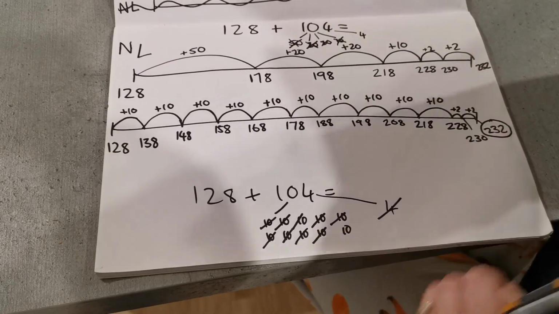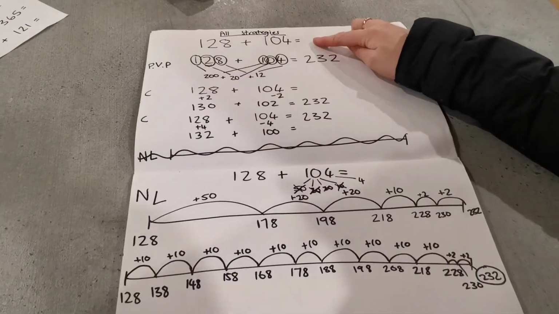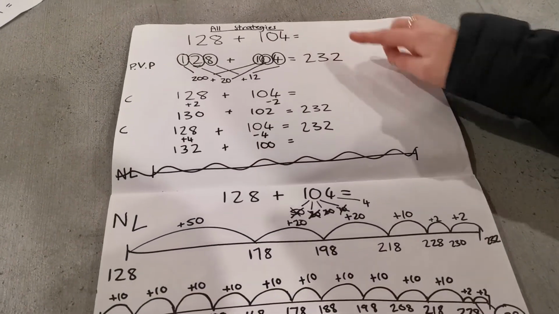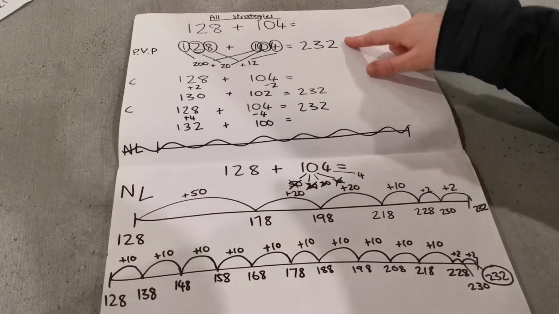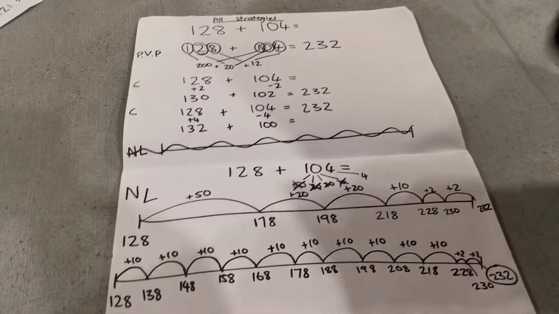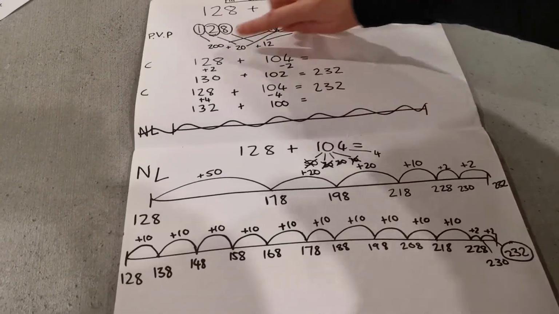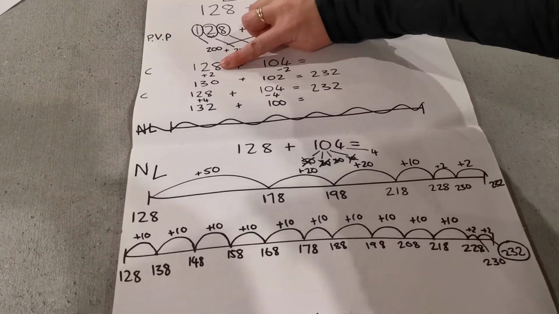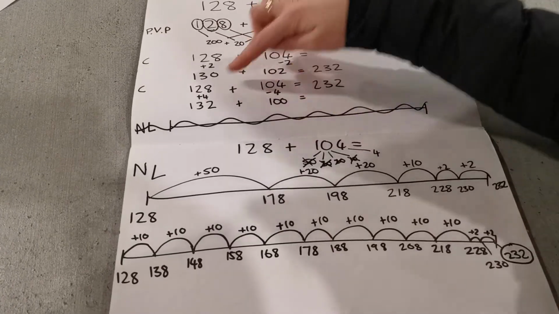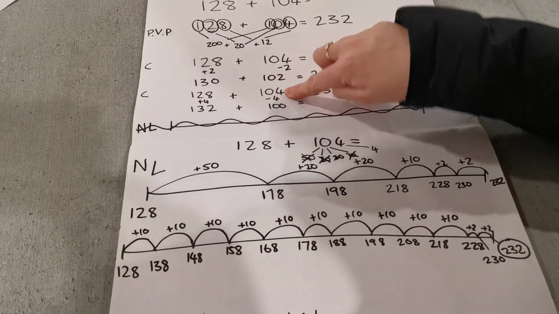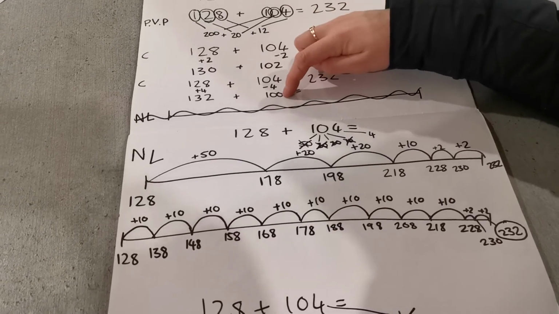Okay, so I had the question 128 plus 104. I used place value partitioning by breaking it into the hundreds, the tens, and the ones, and then adding those together. I used compensation. In this one we rounded up to a tidy number, and in this one we rounded down to a tidy number, so we changed 104 to 100.